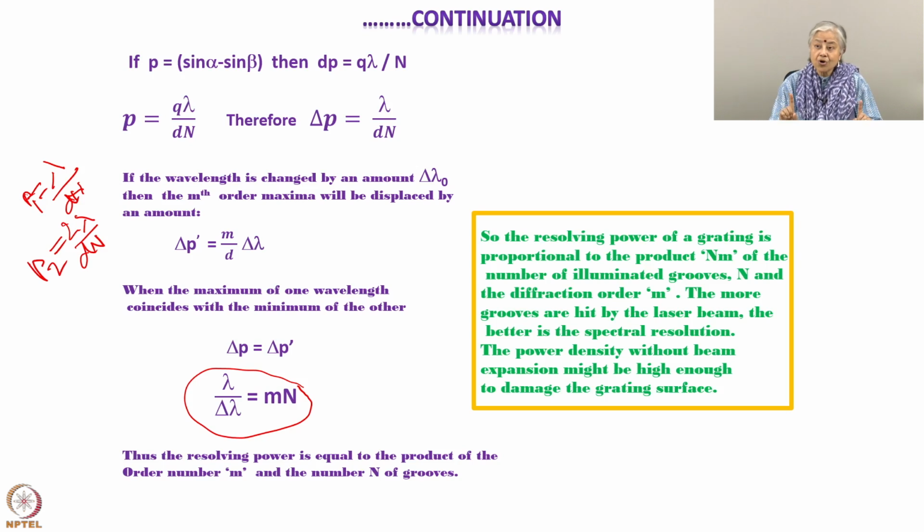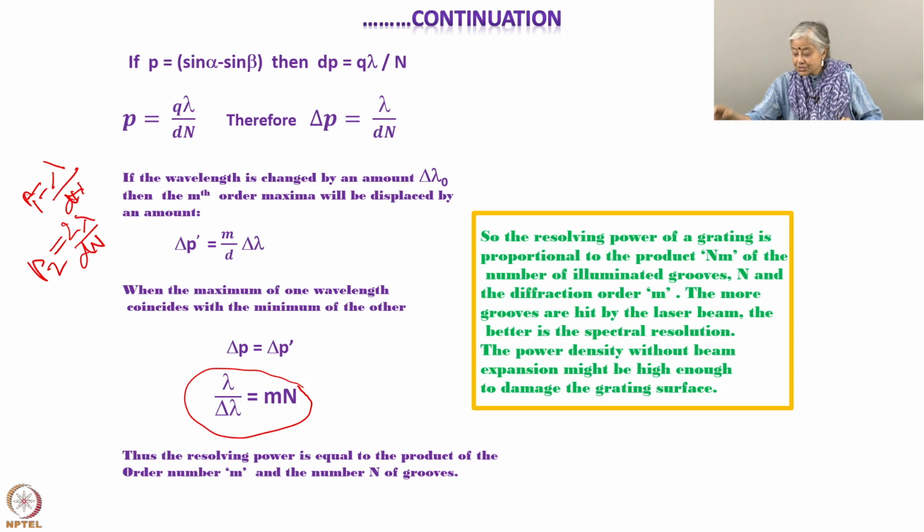So for tunable lasers, or for tunable light that you want for your subsequent experiments, you must know what the resolution is, and you must know which order of the grating you are using.